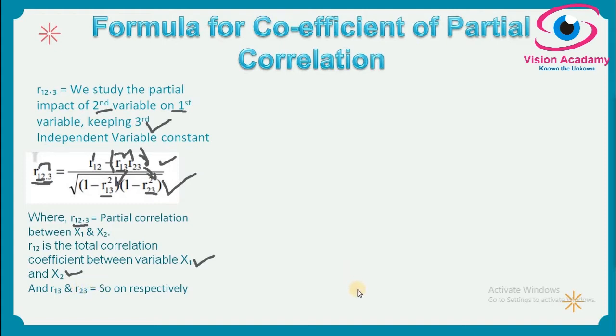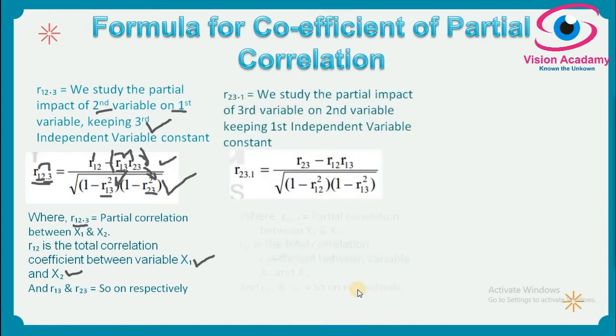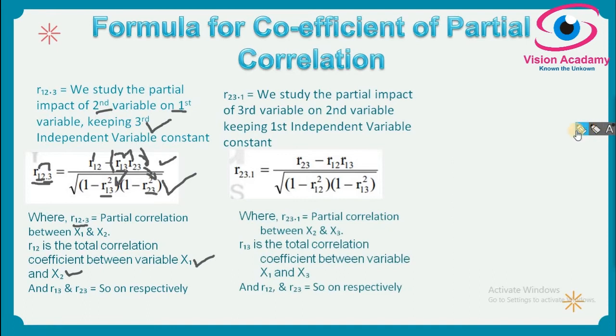So let us consider one more formula for the second option, which is simple, as I explained in the first option. The same thing applies. Here the second combination is R23.1. The same thing we have taken here will also be taken in this numerator.